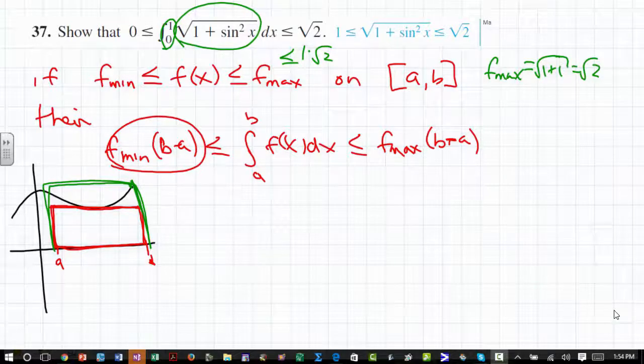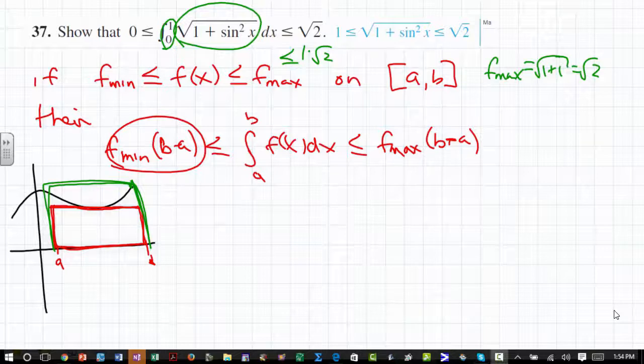So we got the high end done. Hey, what's the smallest value that sine squared can ever take on? The smallest value sine takes on is -1. Sine squared, though, the smallest value it ever takes on is 0.